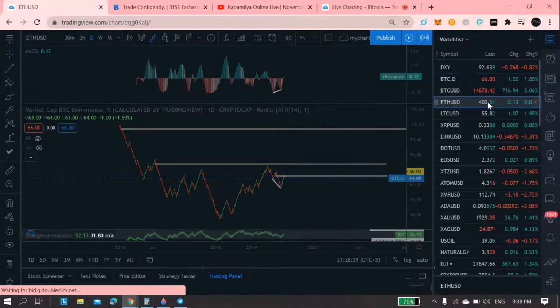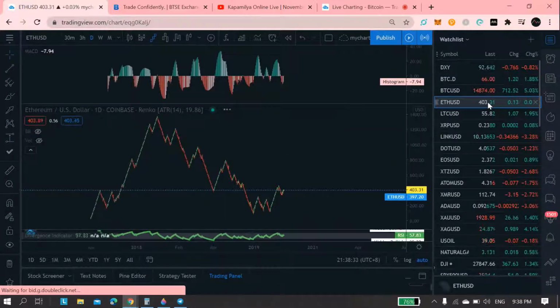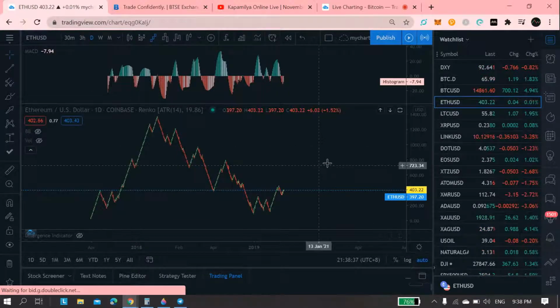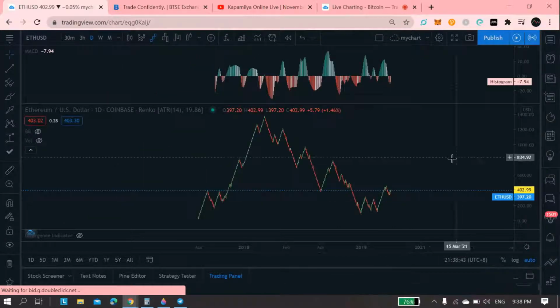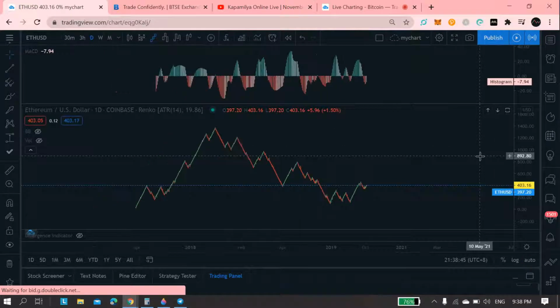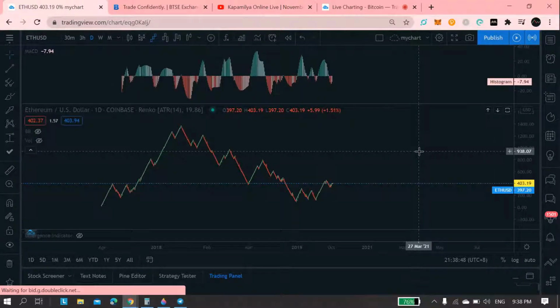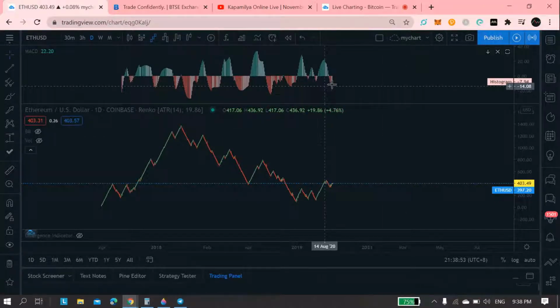Actually, I'm not trading much of the Ethereum right now. Let's just hide this one. Oh, they are the same, so this is not a divergence.